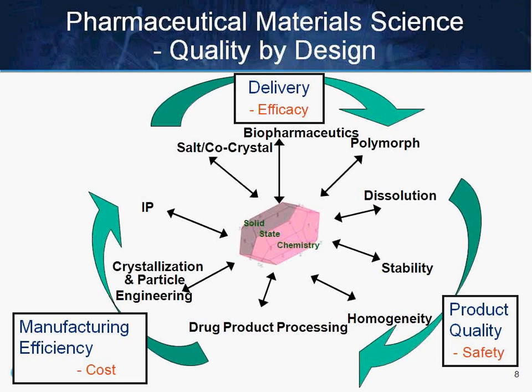And what you can see is that solid state chemistry being a foundation element of the delivery of the product, the quality of the product, and the manufacturing efficiency of the product.